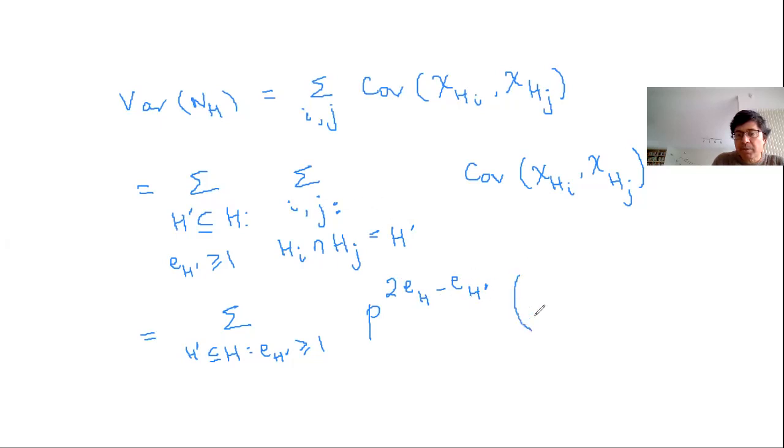And the number of terms in the sum is the number of copies HI and HJ whose intersection is H prime. Okay, let me write that in notation to keep it simpler: the number of copies HI and HJ such that the intersection is equal to H prime.